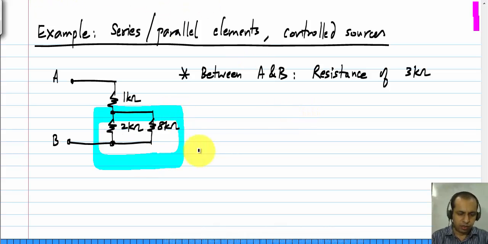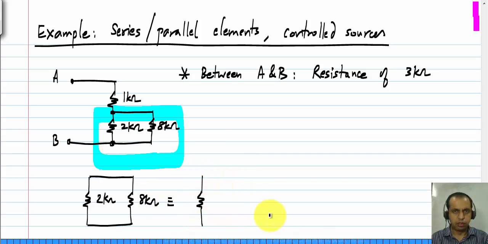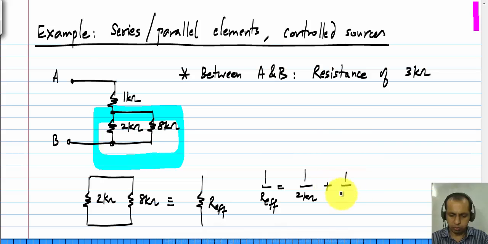And that parallel combination looks like a single resistance. Now if I call this the effective resistance, 1 over R effective will be 1 by 2 kilo ohm plus 1 by 8 kilo ohms. By the way, for two resistors in parallel, you are probably already familiar with the formula.